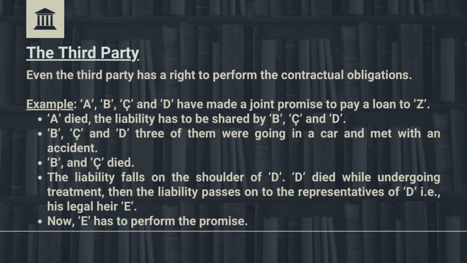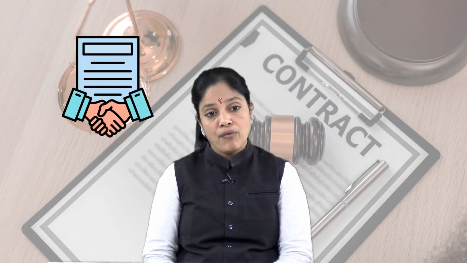Then the third party, as I said, also has a right to perform the contractual obligation. I am no more a person related, but if this is benefiting somebody, then the third party has a right to interfere and see that the contract is performed.